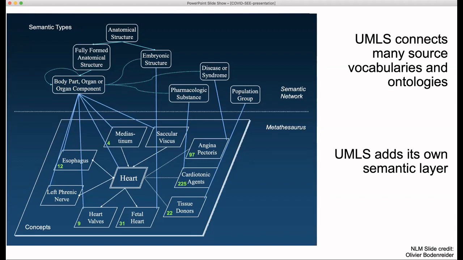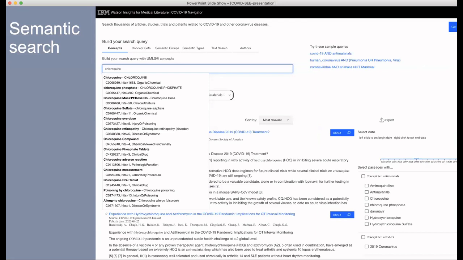Okay, so using the MetaMap tool, which connects into all of this vocabulary in the UMLS, we pre-processed the entire COVID-19 literature collection and had an index over concepts rather than only individual words in the literature.